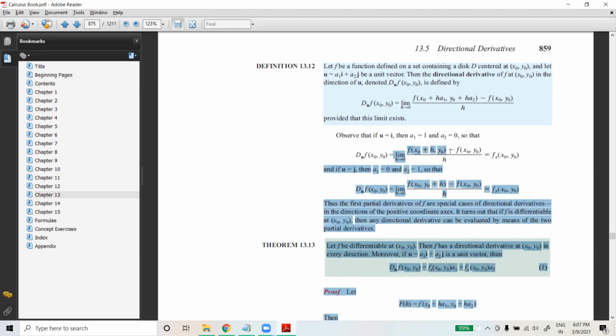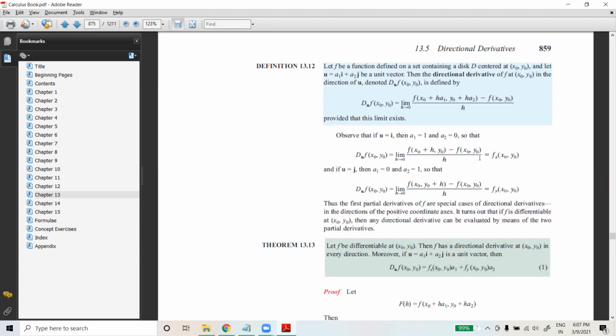So this expression is actually fx, the partial derivative of the function with respect to x at the point x0 comma y0.